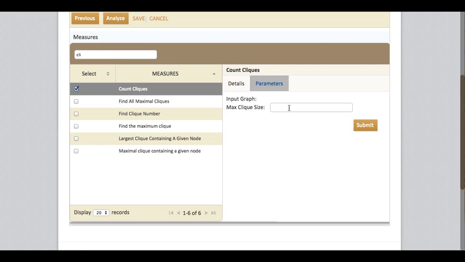Cliques of size 3 and larger. Not sure about that.